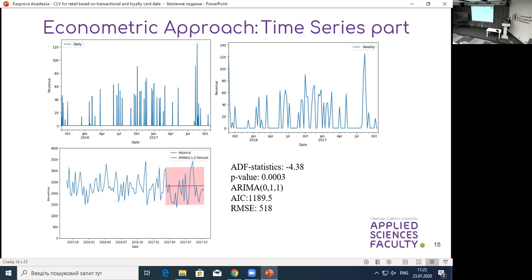I ran different tests. The Augmented Dickey-Fuller test showed that the first difference is needed to obtain stationary data. Evidence of seasonality was not found by the autocorrelation function and partial autocorrelation function.